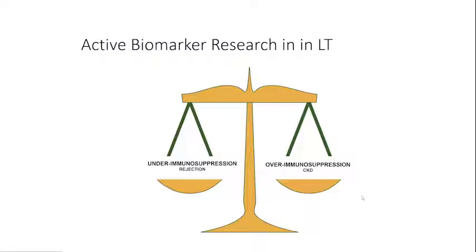But we're also interested in the other spectrum, which is chronic kidney disease. And you could use some of these tests together to predict patients who are at risk for over-immunosuppression to minimize it with the use of the gene expression tests. And what we're really trying to do is achieve this balance.